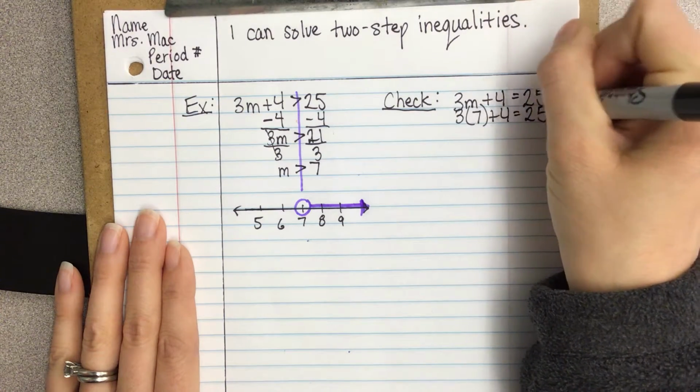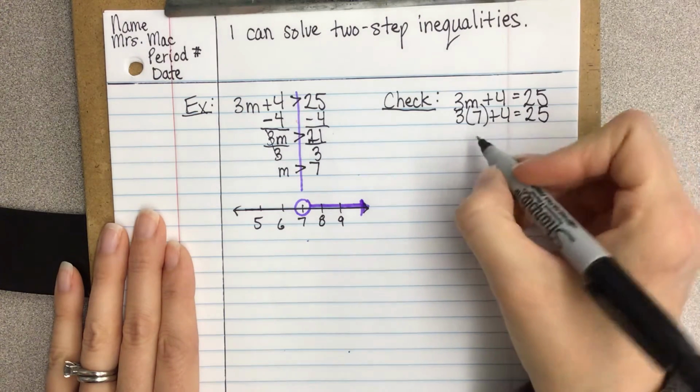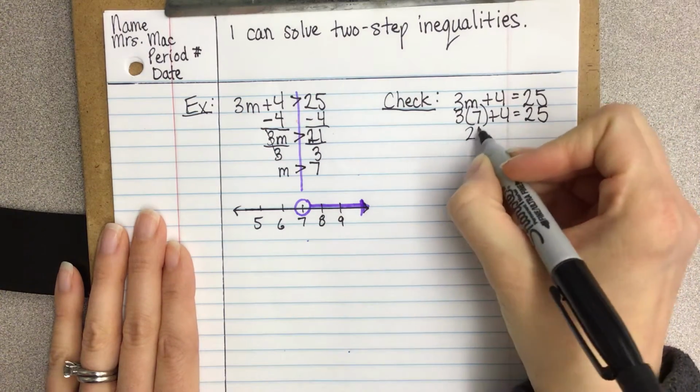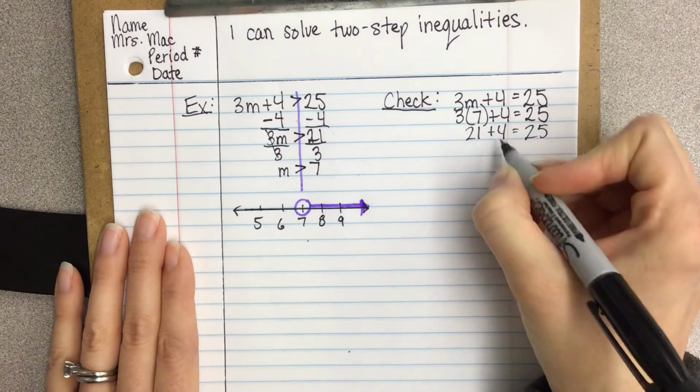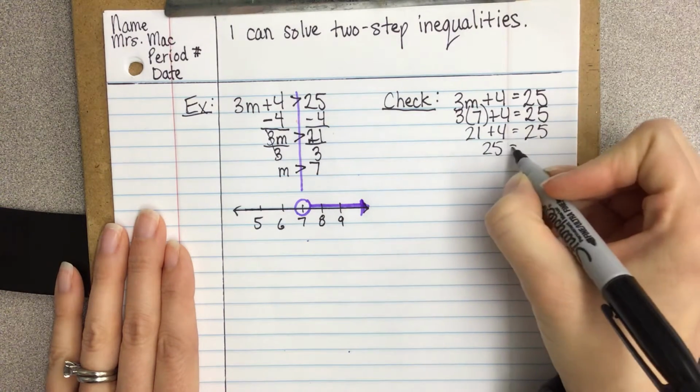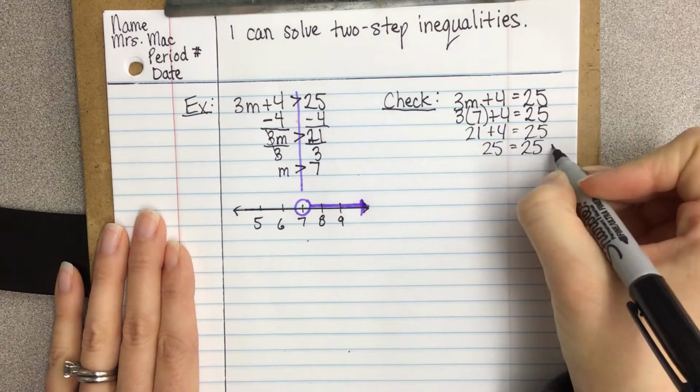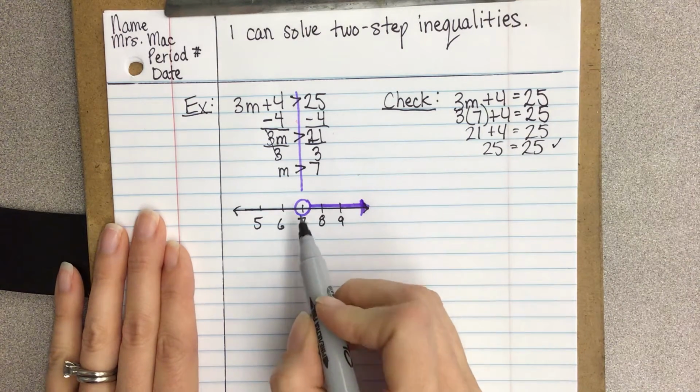And we're going to make sure that 7 is going to make this equation true. So this is 21 plus 4 is equal to 25. This is 25 is equal to 25. So you know that the circle is on the correct point.